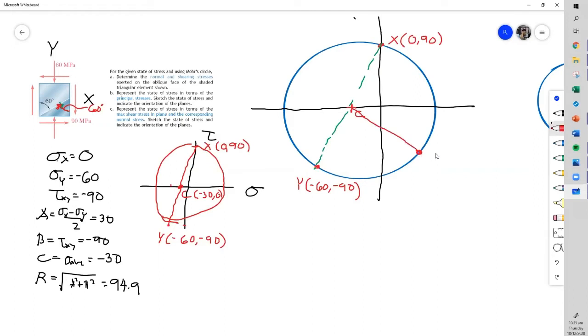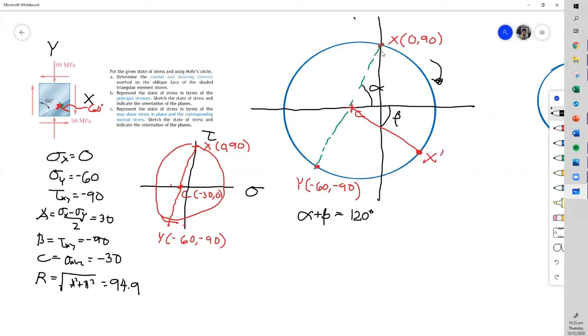Yan. Let's call that x prime. Such that if we call this as our angle alpha and this as our angle beta, dapat alpha plus beta equals 120 degrees. Kasi nga 60 ito, so 120 yan. So that is clockwise. So how do we find alpha?